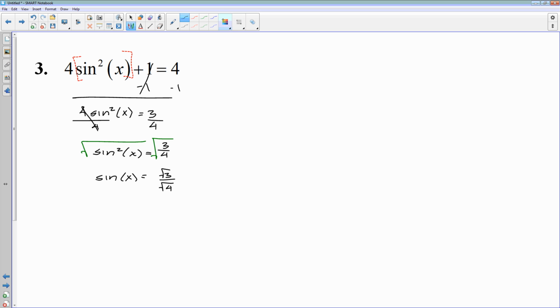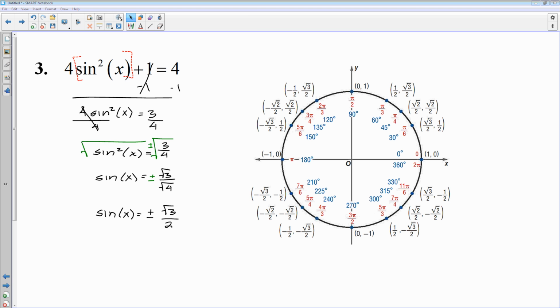And also remember, if you ever take the square root, I have to do the plus or the minus. Let's clean this up one last little bit. Sine x is plus or minus the square root of 3 over 2, since the square root of 3 does not clean up, but the square root of 4 is 2.